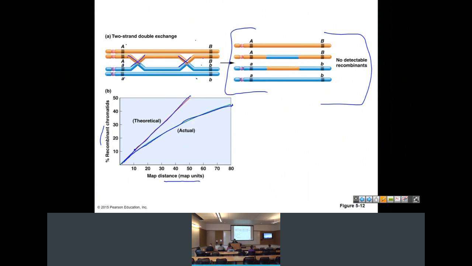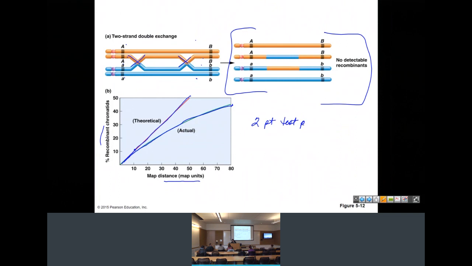So that's why we always need a gene in the middle. We need to map smaller units, because if there are bigger units and there is an even number of crossovers between the 2 genes, it appears as if there's no crossover at all. So that's why if you were just doing 2 genes, a 2-point test cross, now this is working fine.